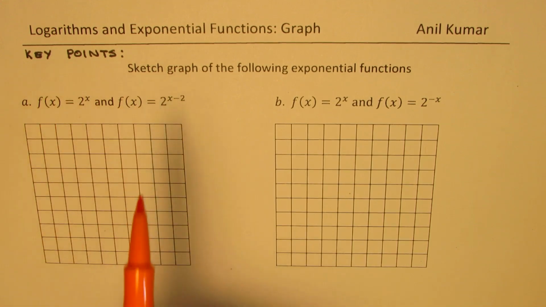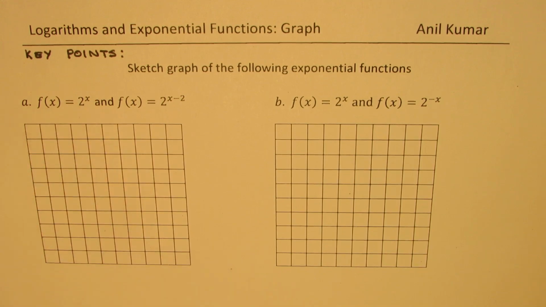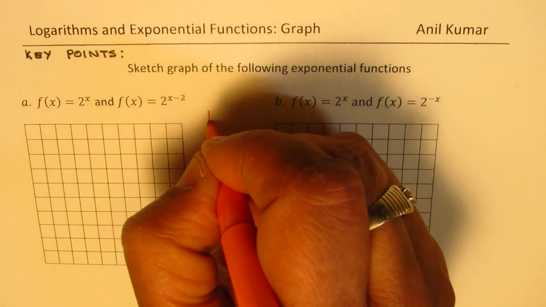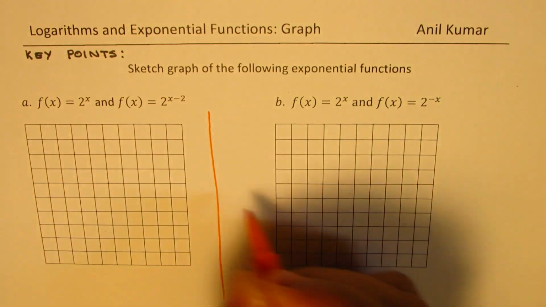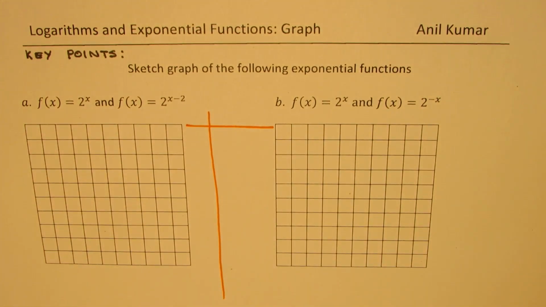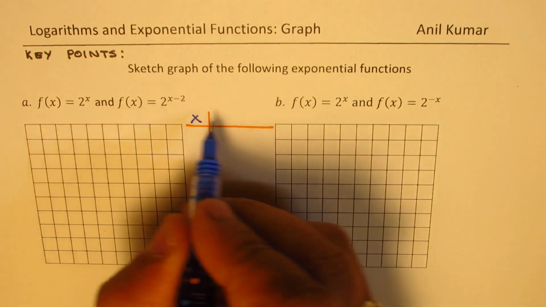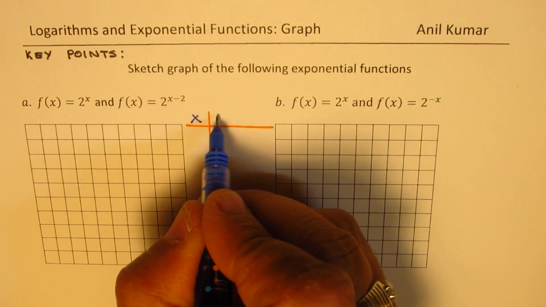The key points will include the x values as minus 2, minus 1, 0, 1, and 2, and also what happens when x is a very large negative or positive value. We can place it in a table, right? So let me construct a table in between. We'll take some values for x and we'll evaluate what is f of x.